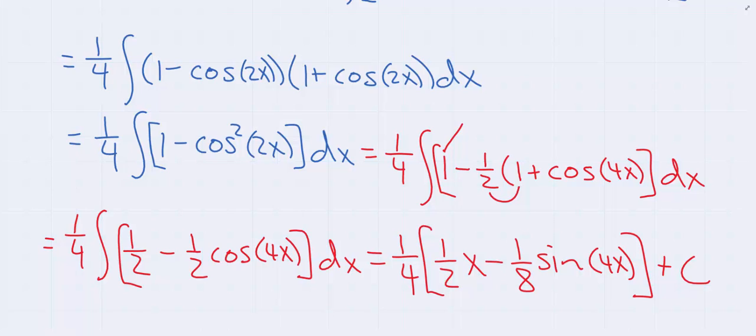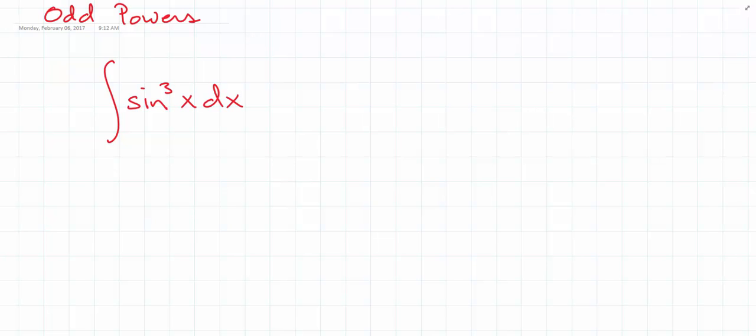Okay? Now, if we're going to look at odd powers, let's look at odd powers for sine and cosine. Let's suppose I've got sine cubed x dx.